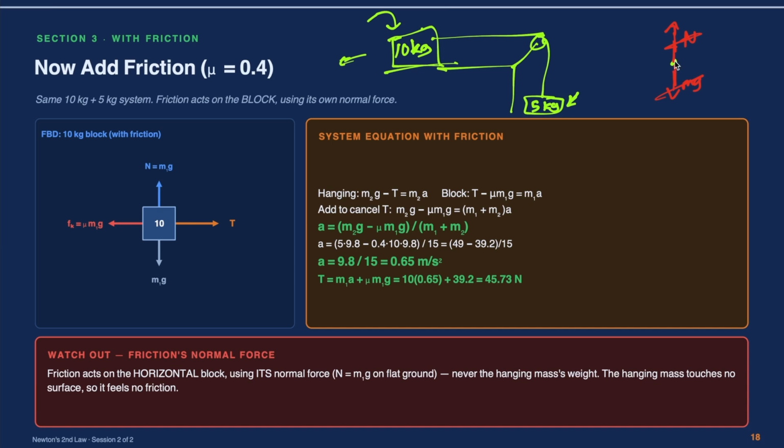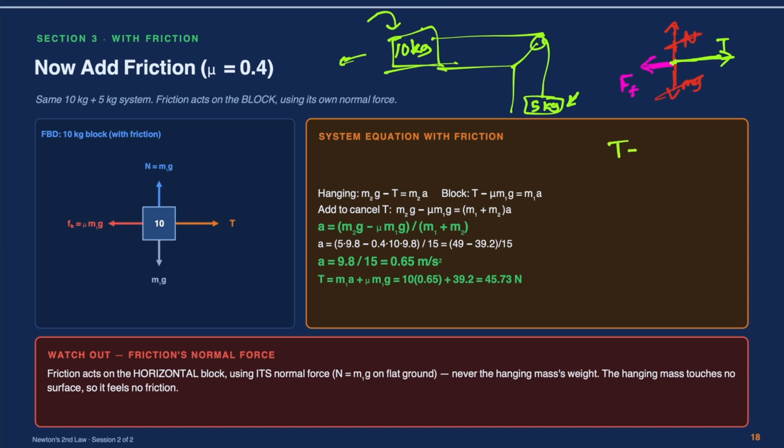Then I have tension because the rope is pulling me this way. But what else do I have? I have a tad bit of friction in this way. Okay? And then for the 5 kg block, it'll stay the same because the block isn't affected by friction.